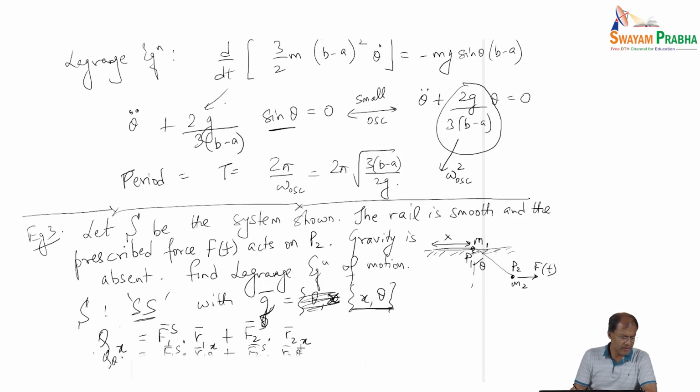And then we can write, let us say F1 of S is 0 and F2 of S, there is no external force acting on the first particle as the diagram shows, and F2 of S is F of t.